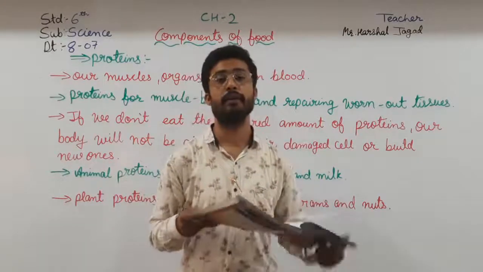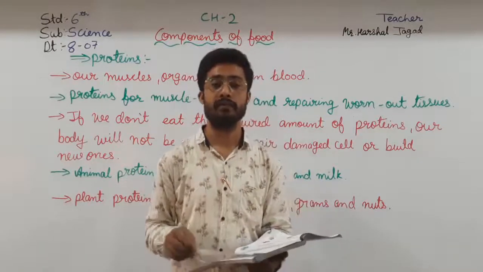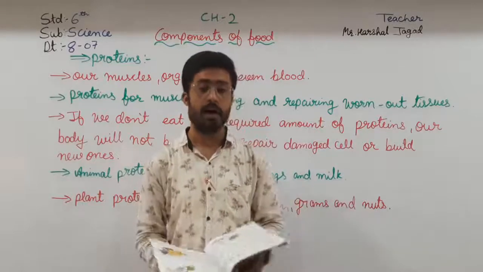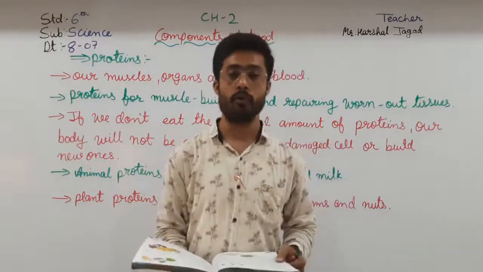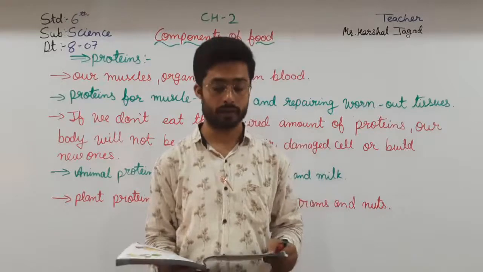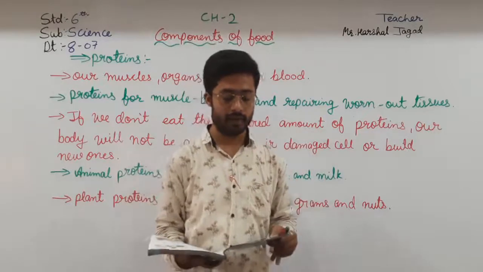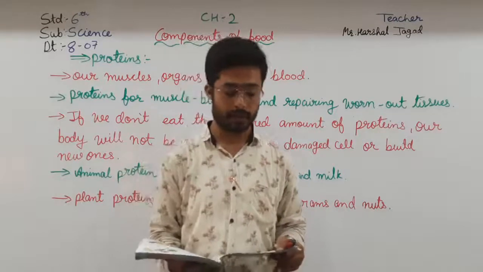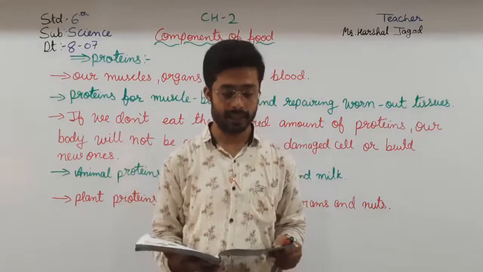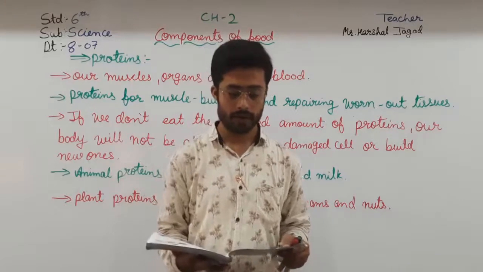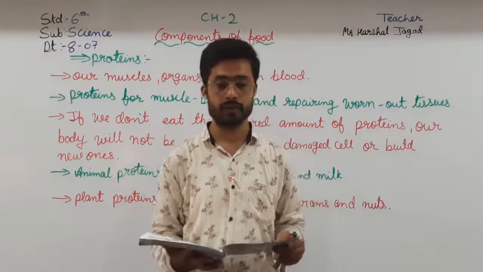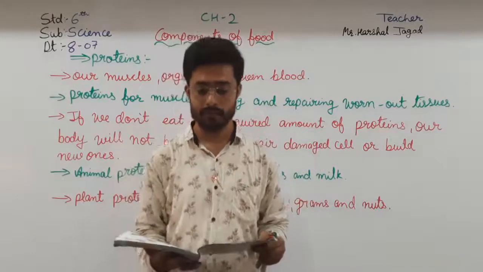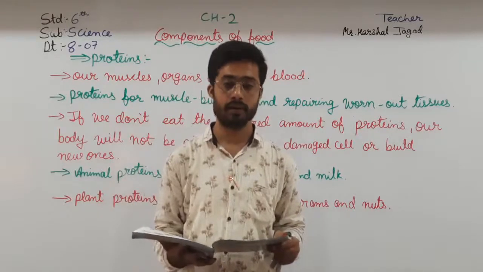Moving towards the activity, in which we can find out whether proteins are present in the food or not. The aim is to test the presence of protein in a food sample. Materials needed are a food sample, water, copper sulfate solution, sodium hydroxide, a test tube and a Bunsen burner.